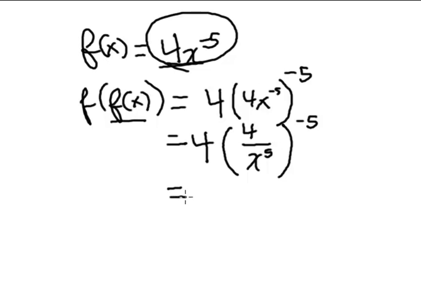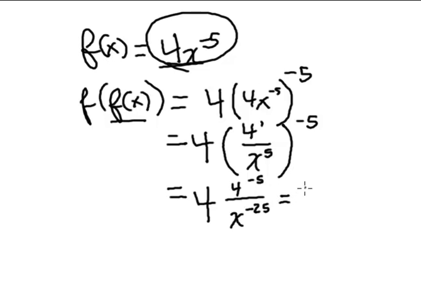What that does is make this 4 to the negative fifth over x to the negative 25th, because when you raise a power to a power, you multiply exponents. So 4 to the 1 to the negative fifth is 4 to the negative fifth, and x to the fifth to the negative fifth is x to the negative 25th.